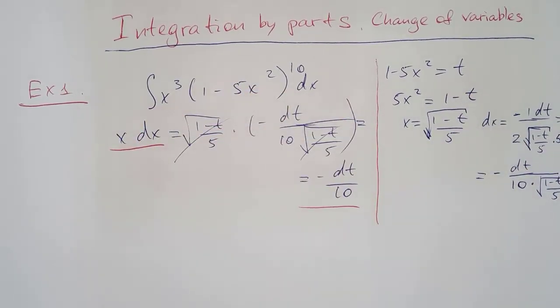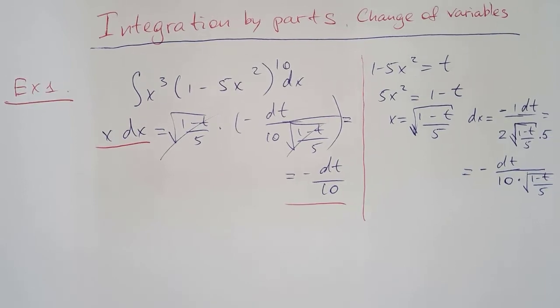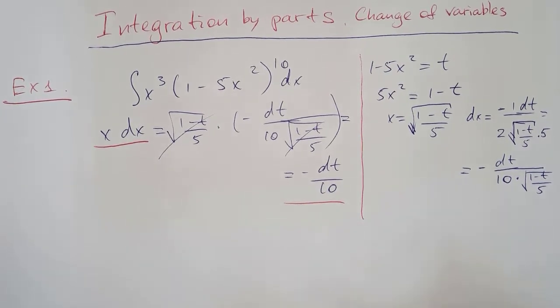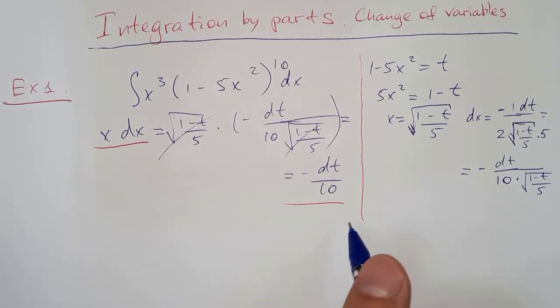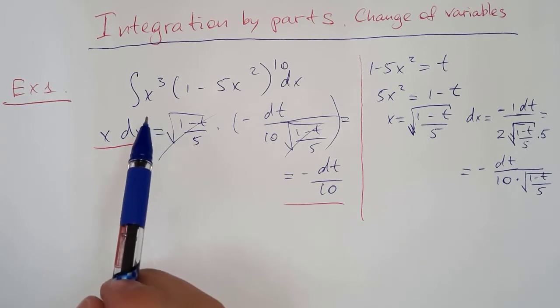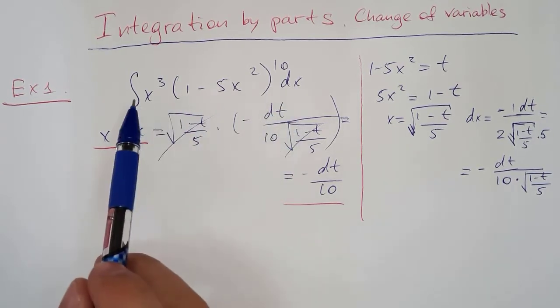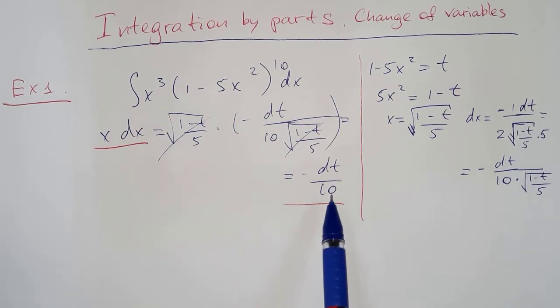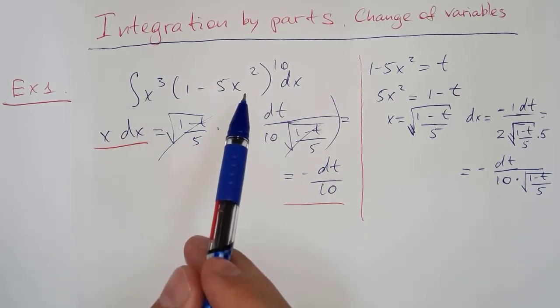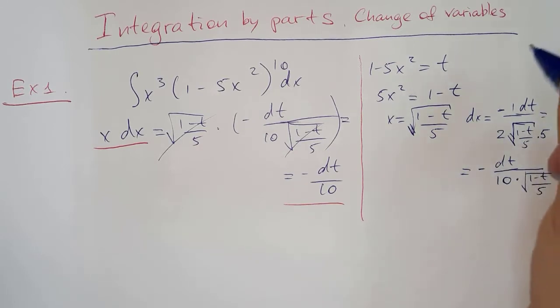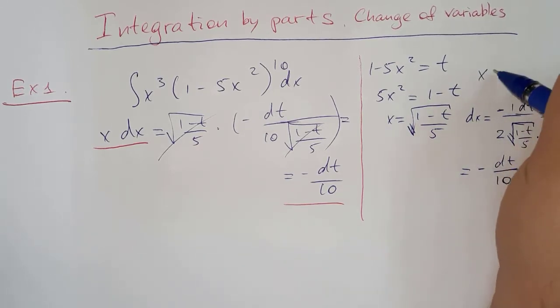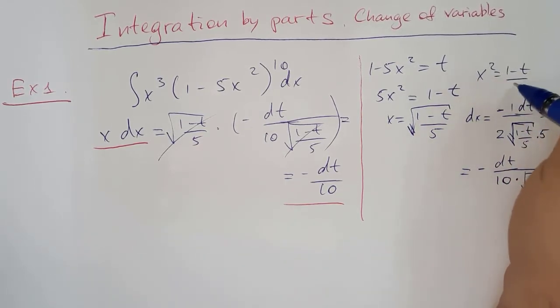And now let's try to find our integral. Look here, we have x dx. If we change our x dx by this one, we have just x squared, and x squared is (1 minus t) over 5.